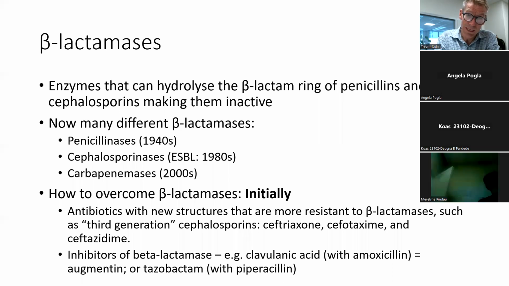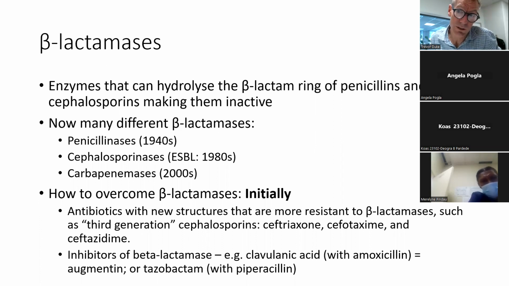I'll talk a bit more about that. It's a very important enzyme these days. And more lately, in the last 10 years, there's an enzyme called carbapenemases. And they've become very dangerous enzymes that lead to resistance to even what you might think is the most advanced antibiotics.